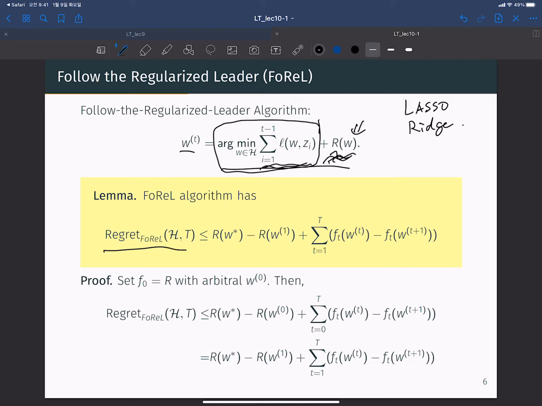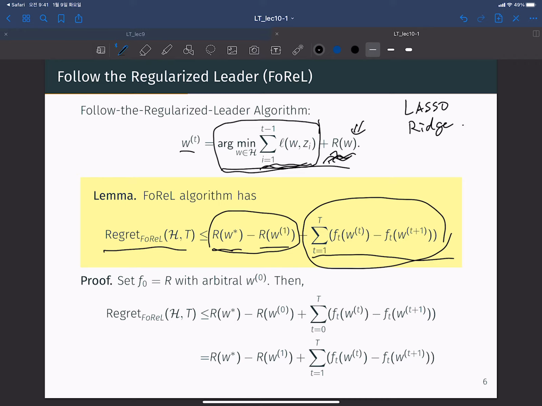The regret of the follow the regularized leader rule is upper bounded by the regularization value R(w*) at the optimal point w* minus R(w_1), the regularization function value at time 1, plus the summation from t=1 to capital T of f_t(w_t) minus f_t(w_{t+1}). So this term is exactly the same as in the FTL rule, and we additionally have this term.